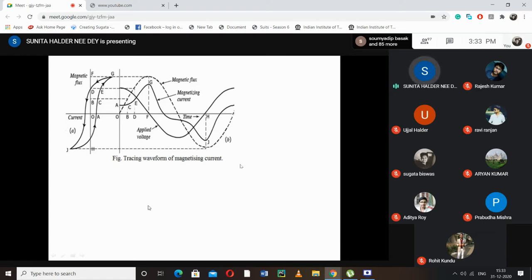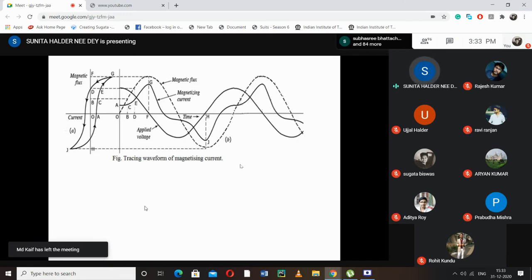Now you know in the BH curve, B lags behind H. So the current will also lag, and you will see that the magnetizing current starts from here. If we see it in the oscilloscope for one full cycle, it will start from here and go in this way. We shall get up to this, and this thing will be repeating. So for higher voltage, we shall get this type of waveform.